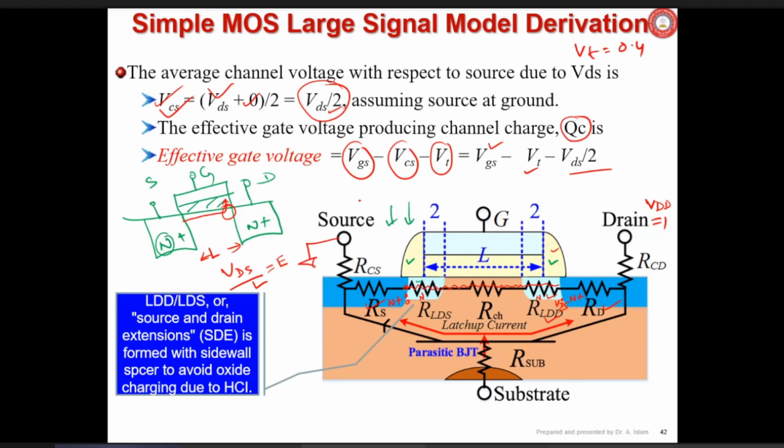Then what is the effective gate voltage? Tell me. Is it not 1 volt minus VDS by 2, meaning 0.5 volt, minus 0.4 volt, equals 0.1 volt? Is it not the excess voltage, the effective gate voltage, that is causing QC, the channel charge? Channel charge means your inversion layer charge. Do you understand?